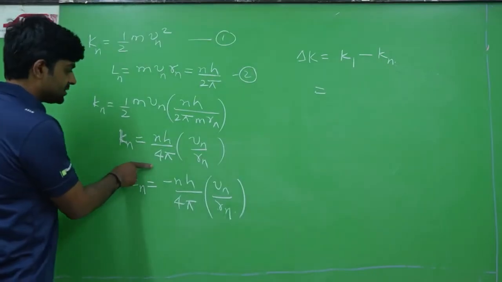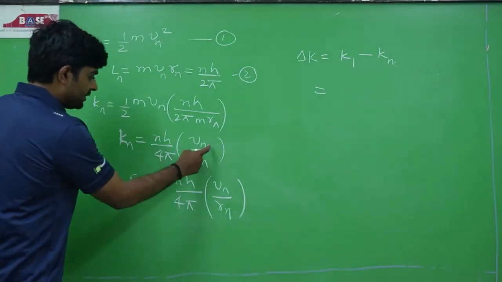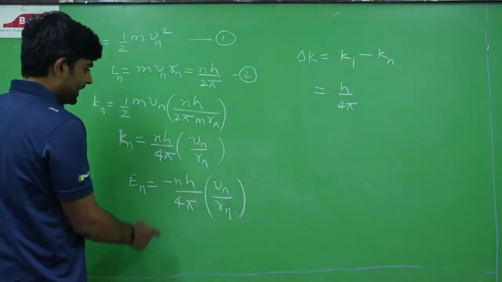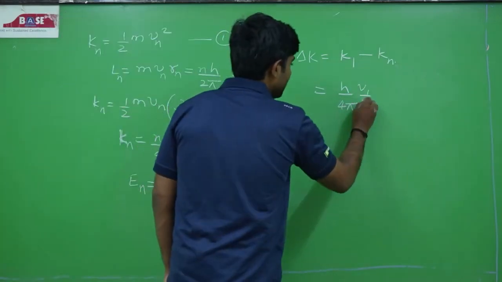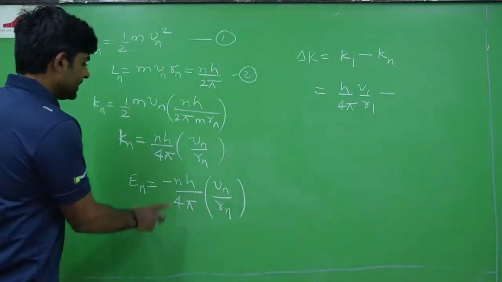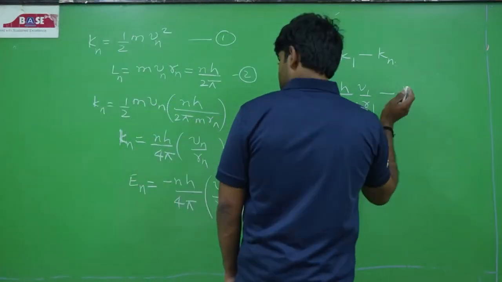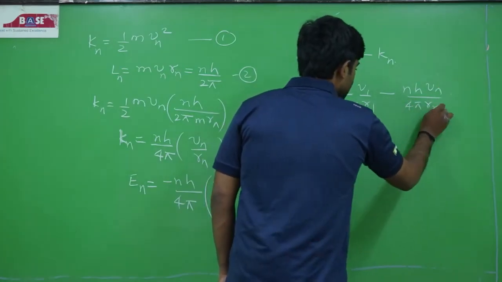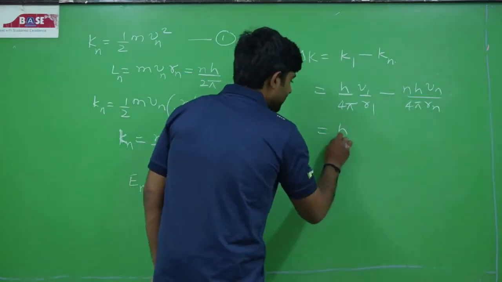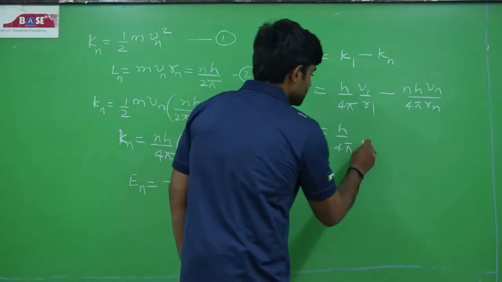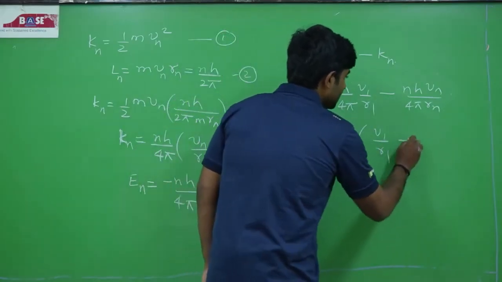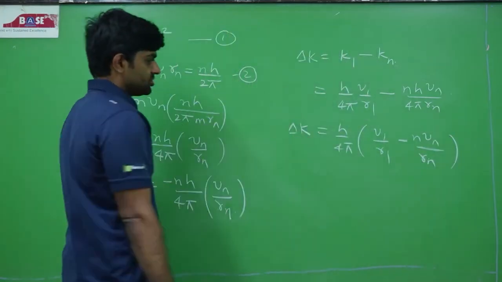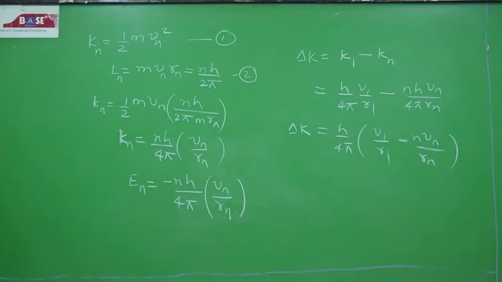So we take this expression, put n equals 1, and v1, r1, so h by 4 pi times v1 by r1, minus kinetic energy in the nth orbit, the exact same relation, so nh vn by 4 pi times rn. Taking the common factors, h by 4 pi outside, we have v1 by r1 minus n vn by rn. So that's our change in kinetic energy. Let's look at the options.